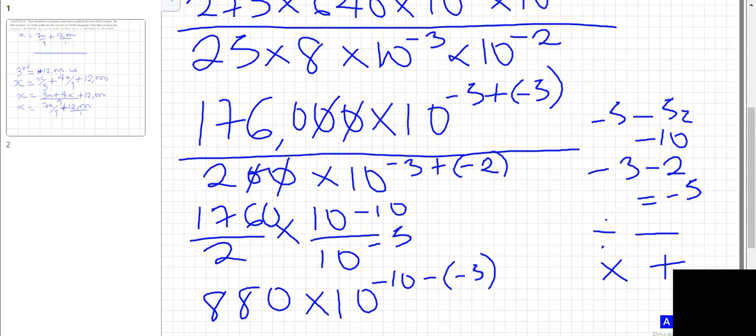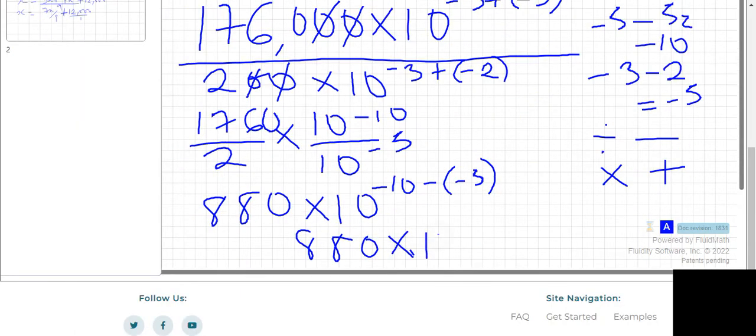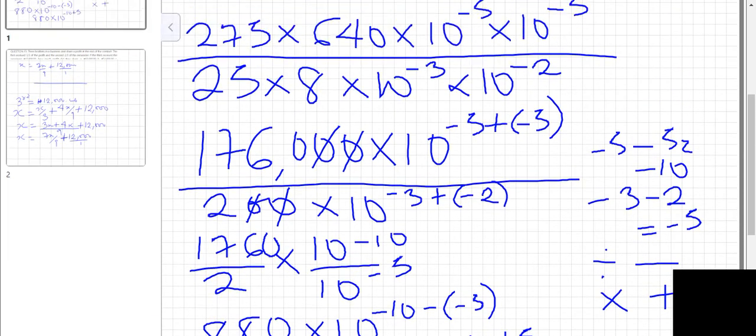So if we simplify that, we are going to have 880 times 10 raised to power, this minus times minus is minus 10 plus 5, right? So we are going to simplify that.